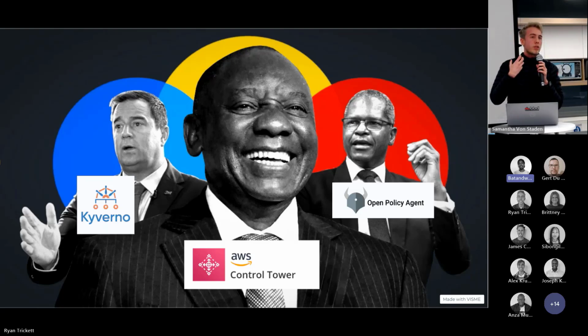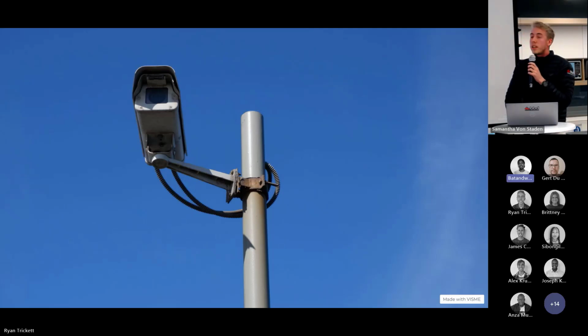It will make sure that, for instance, there's no such thing as privilege escalation. Your containers cannot be run as root. This decreases the attack surface and the actual impact if a system is compromised. And then we have AWS Control Tower, which allows you to provision accounts within your organization that have guardrails already in place.